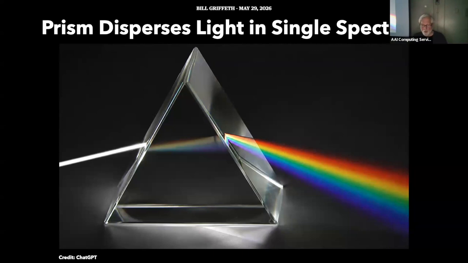So, as Isaac Newton discovered, white light can be dispersed by a glass prism into a spectrum of colors, with red being bent the least and violet the most.